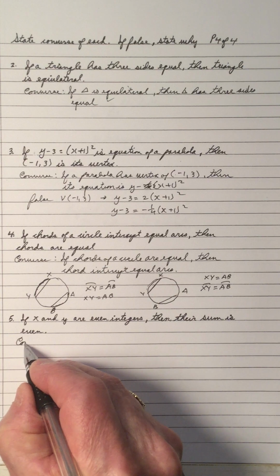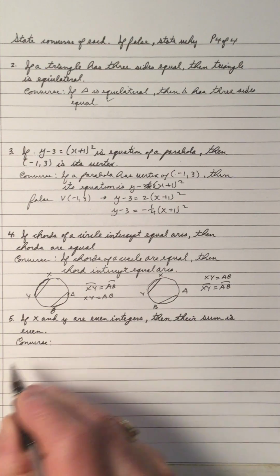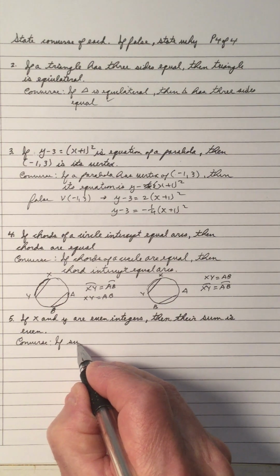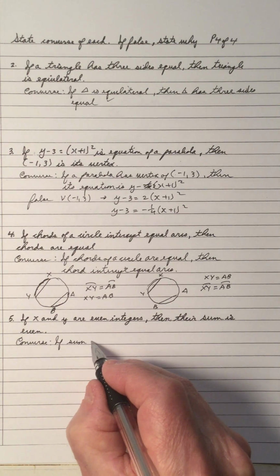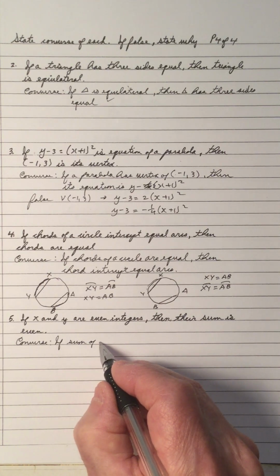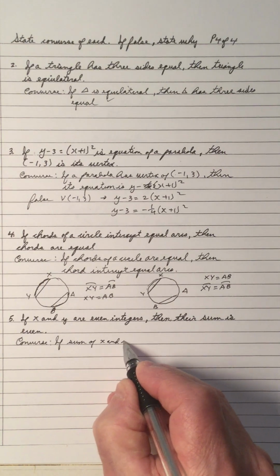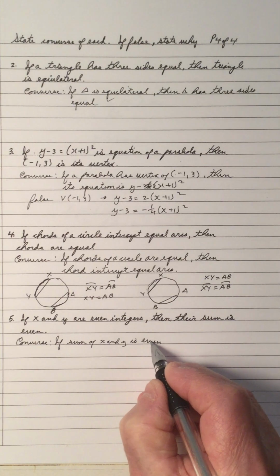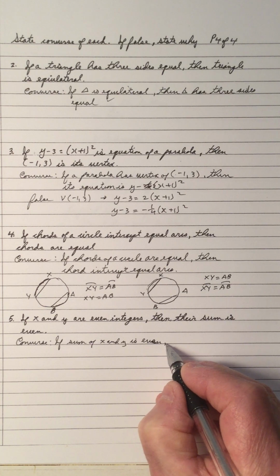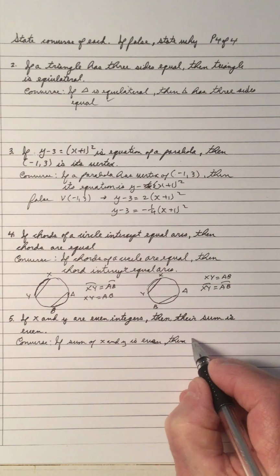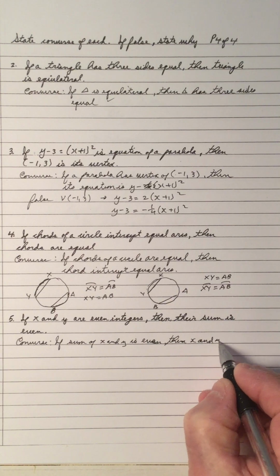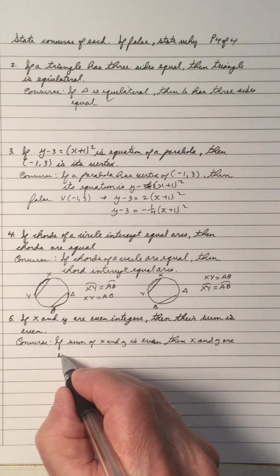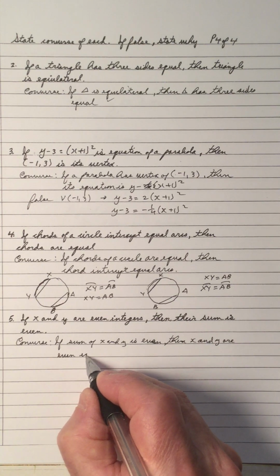So the converse is if the sum of x and y is even, then x and y are even integers.